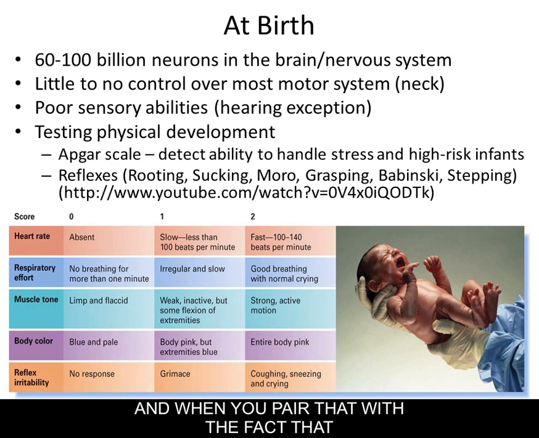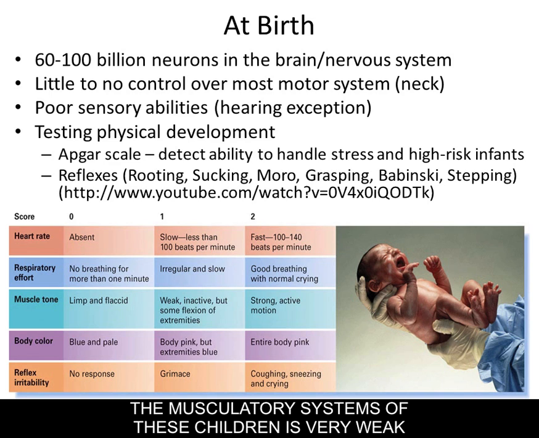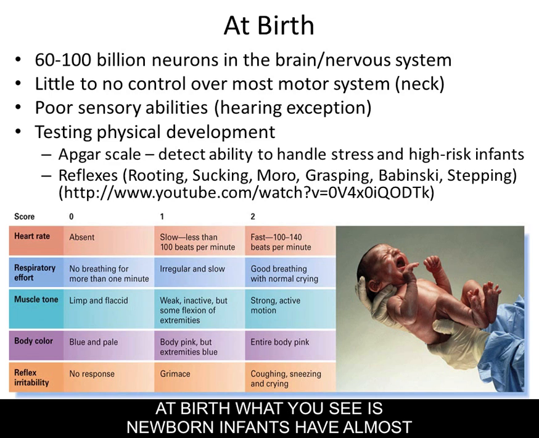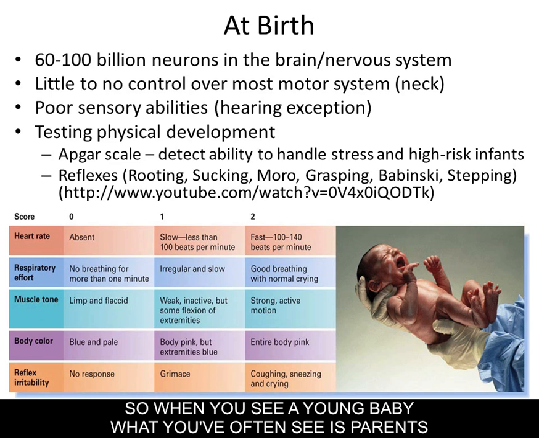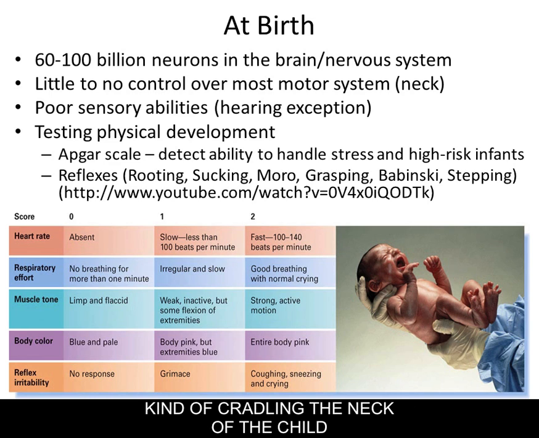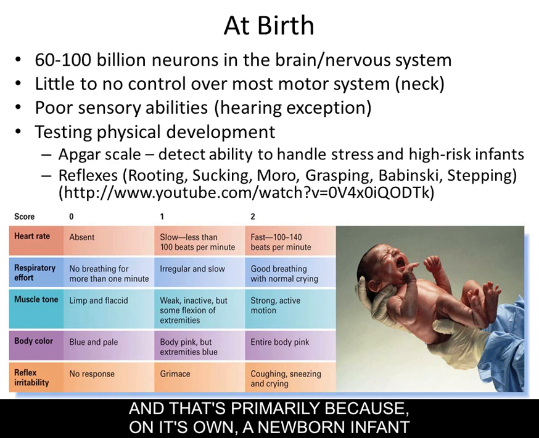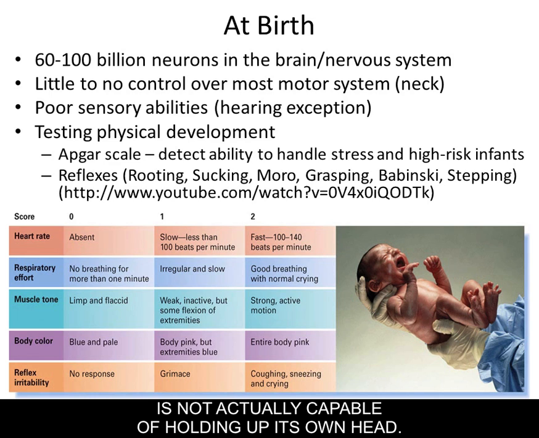And when you pair that with the fact that the musculatory systems of these children is very weak at birth, what you see is newborn infants have almost no ability to really control how they're interacting with their environment. So when you see a young baby, what you'll often see is parents kind of cradling the neck of a child, and that's primarily because on its own, a newborn infant's not actually capable of holding up its own head.